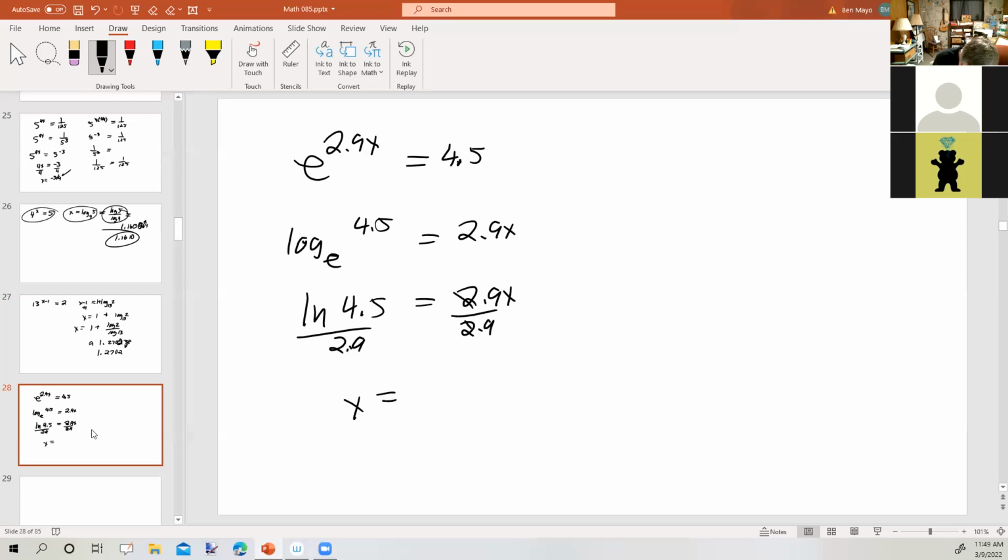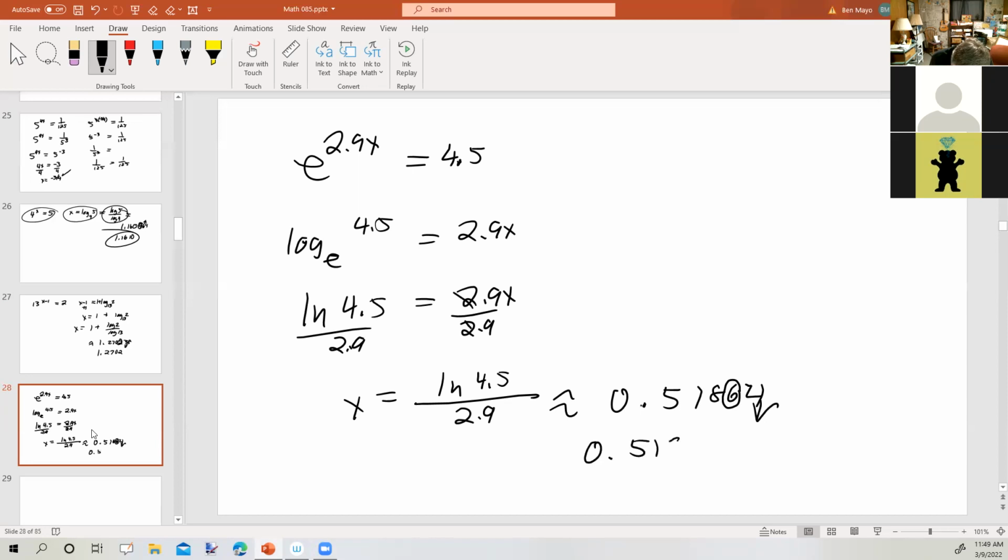So x equals the natural log of 4.5 divided by 2.9. So there's your exact answer. And I've got the natural log of 4.5, close it up, divided by 2.9, and I get 0.51864. Again, it said round to 4 decimal places, so that is going to round down to 0.5186. Any questions there?